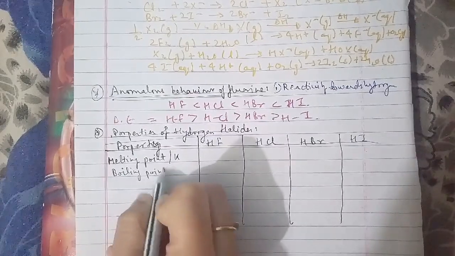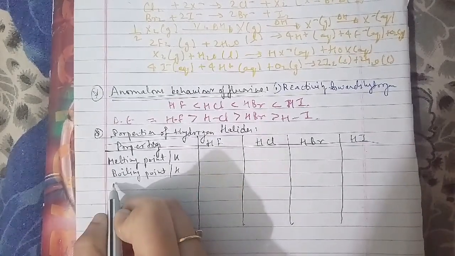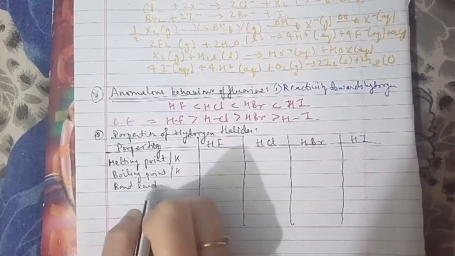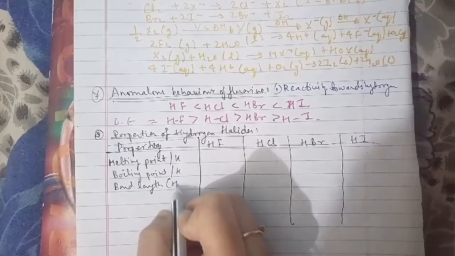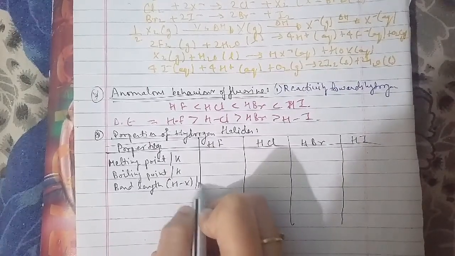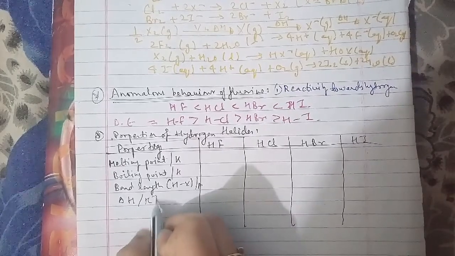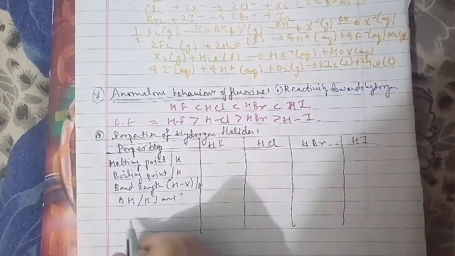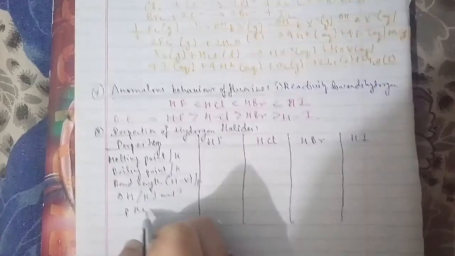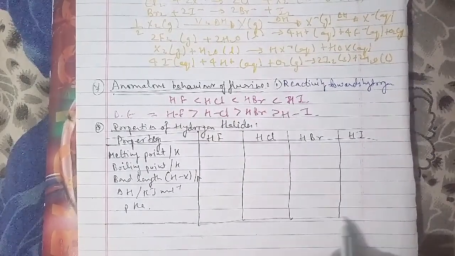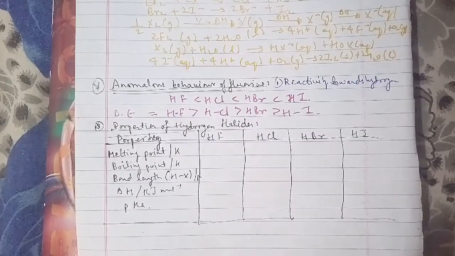This is 91.7, 127.4, 141.4, and 160.9. Then 574, 432, 363, 295. This is your 3.2, minus 7.0, minus 9.5, minus 10.0 as well.